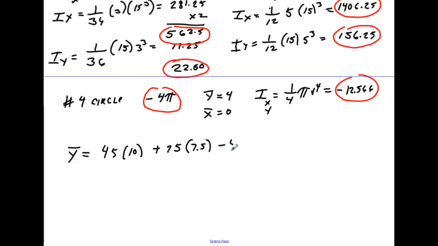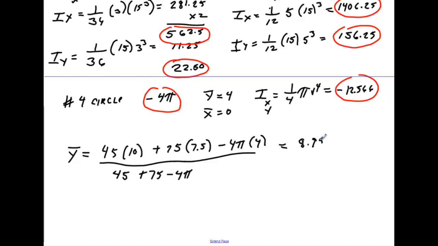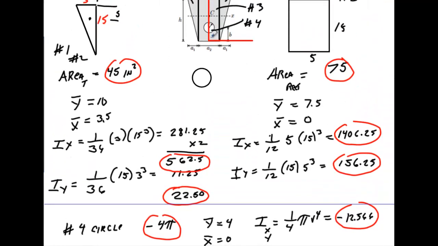Minus the area of the circle, which is 4 pi, times this y bar. We keep that positive. We divide it by the total area, which will be 45 plus 75 minus 4 pi. When we do that, that gives us a value of 8.9565. Okay, again, that's the distance from this line right here up.